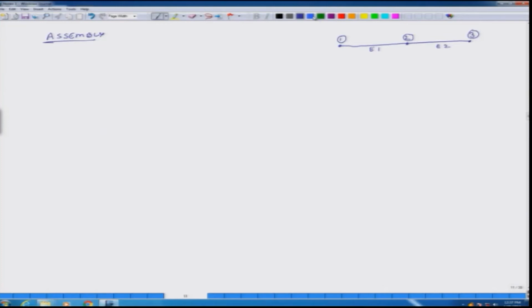The global degrees of freedom are u1 and u2, u3 and u4, u5 and u6. Locally, the local nodes are 1 and 2 for first element and 1 and 2 for second element. So, this is all global and this is all local.